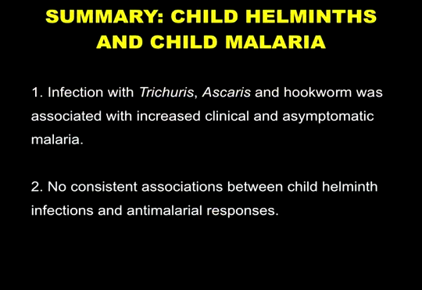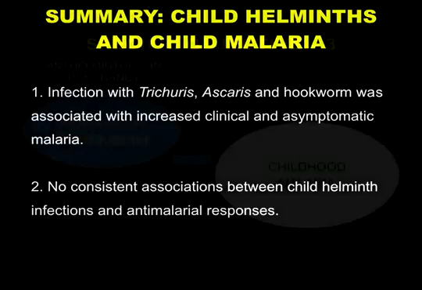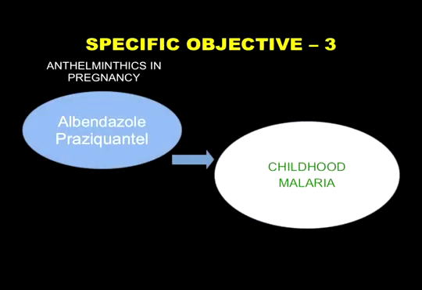So in summary, infection with trichuris, ascaris, and hookworm was associated with increased clinical and asymptomatic malaria without any consistent associations between child helminths and antimalarial responses.